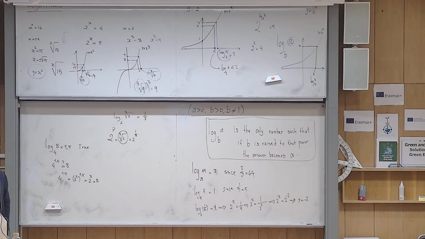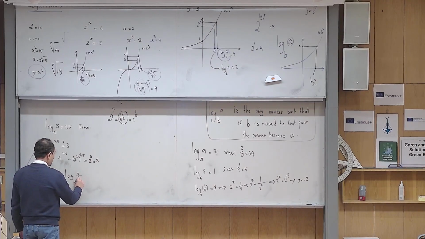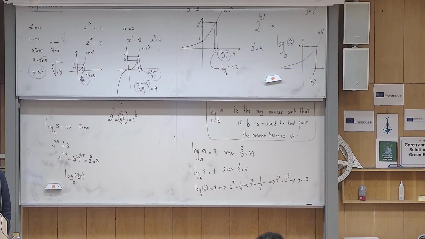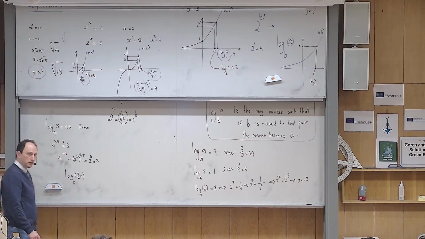Okay, so what do you think about this one? Logarithm of 1 over 27 to the base 3. Minus 3. What? Minus 3. So if you can guess, yes, your answer is correct. Minus 3 is correct.